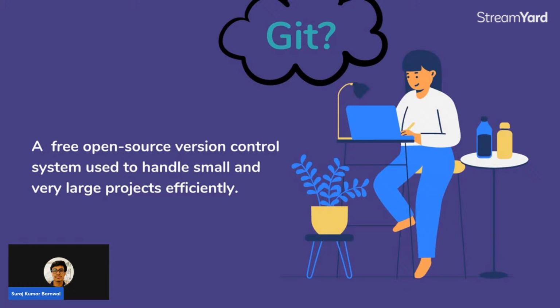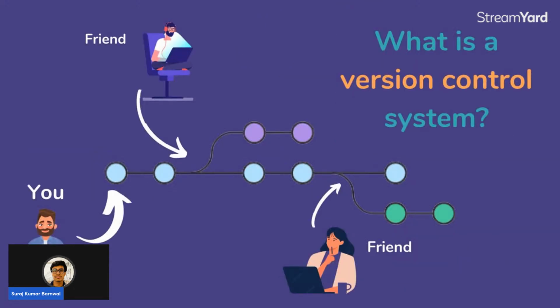What is a version control system? Let's understand this by a scenario. Let's say you are working under a project and you have made some progress in your project. In between, your friend comes and tells you that I also want to work with you in the same project because I have some of my own ideas that I want to implement.